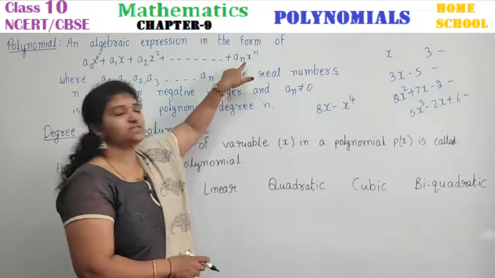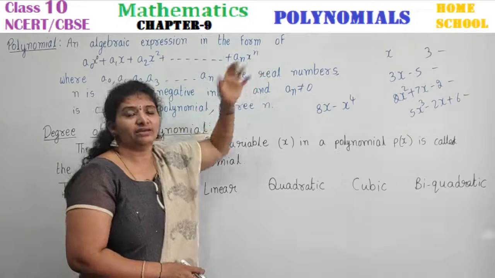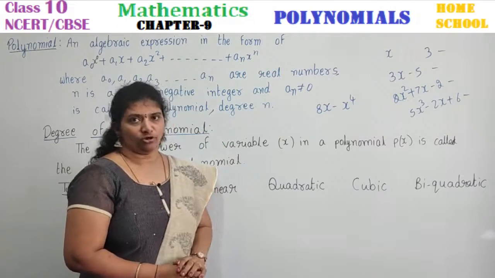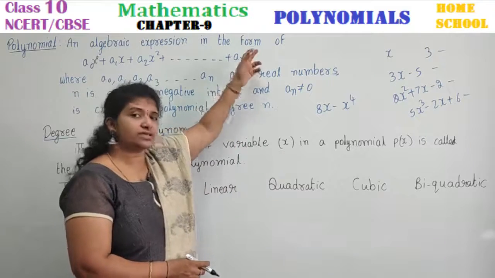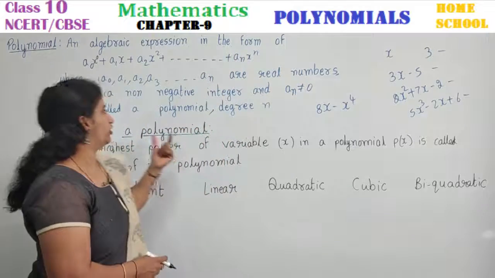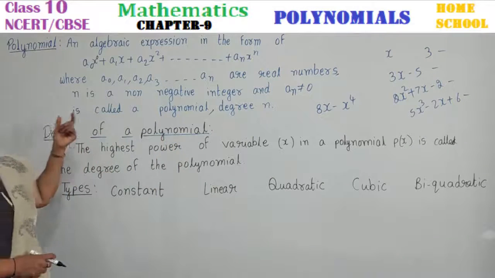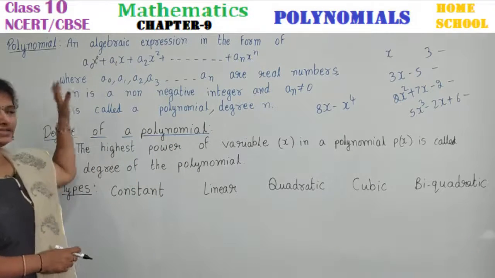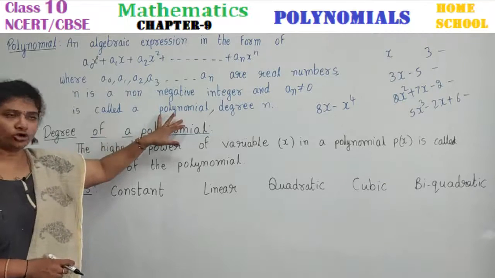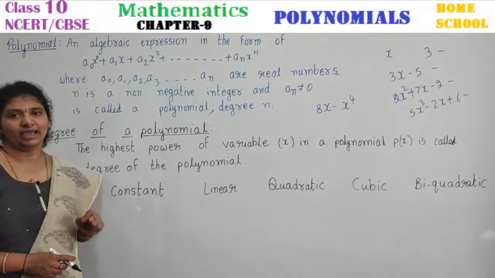If n becomes 0, what happens? We don't get the degree of a polynomial. If n has some value, then we can say the degree of the given polynomial. So n is a non-negative integer, and this is called a polynomial with degree n.